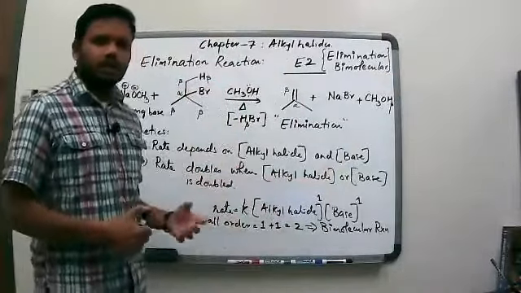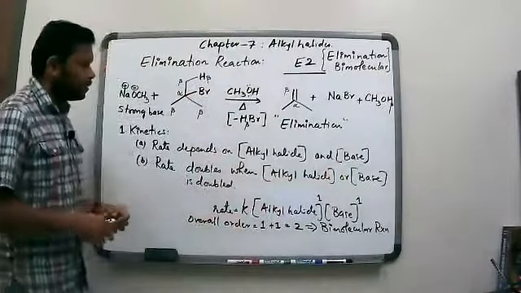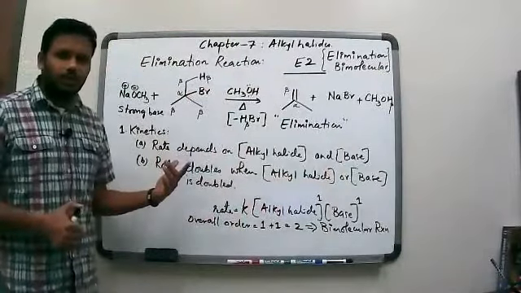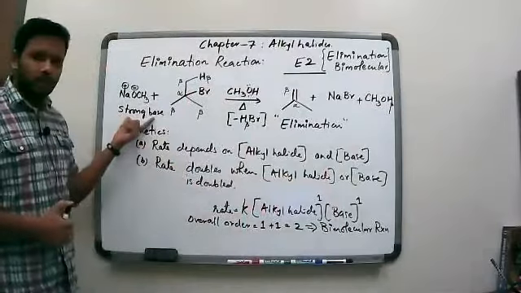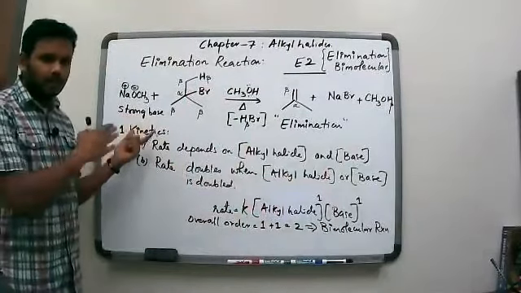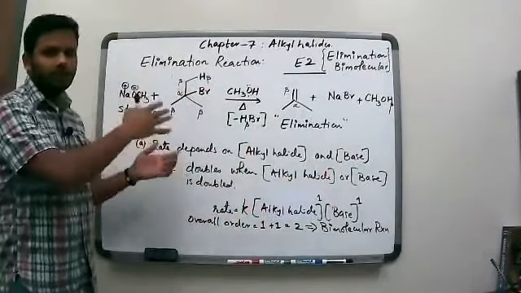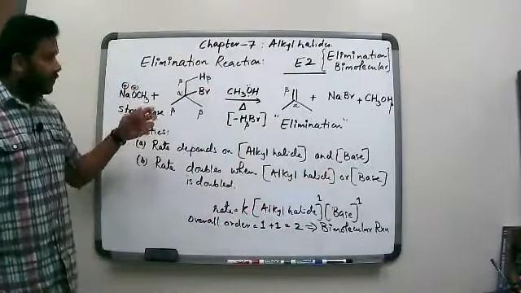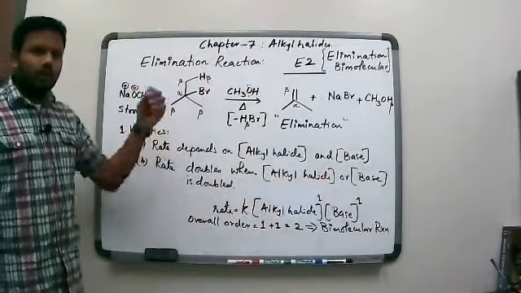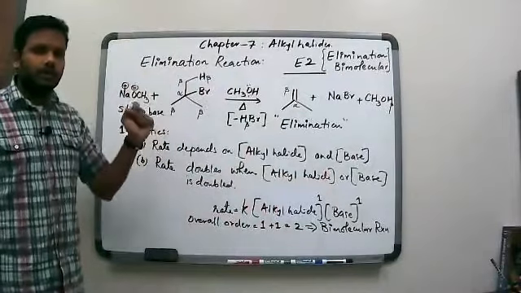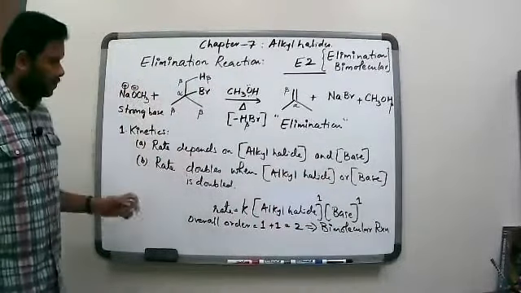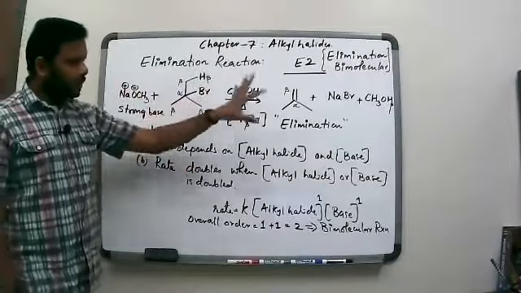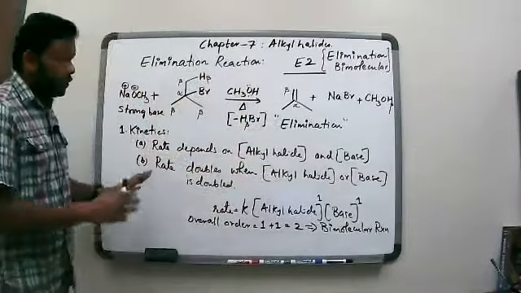We will call it an E2 reaction. And some of the key things that you want to notice here are the strong base, because that's something that's going to differentiate E2 from a related elimination reaction. A strong base is present in an E2 reaction. A strong nucleophile was present in an SN2 reaction. So that's the overall E2 reaction.